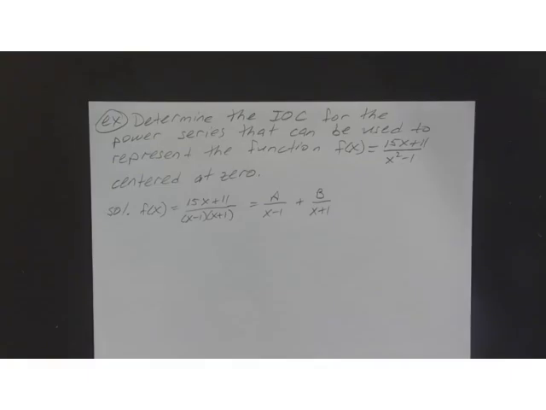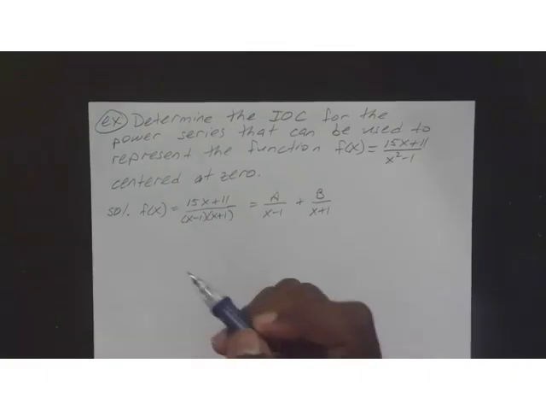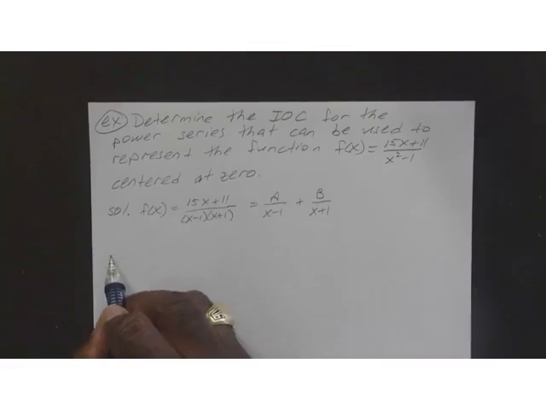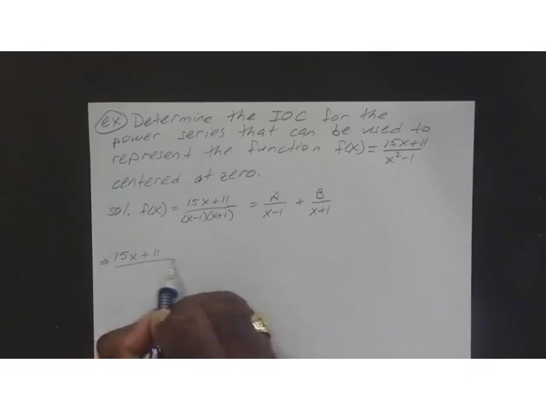So it starts off pretty much the same way, but then it takes a different turn at the end. Okay, so we know that we can take our 15x plus 11 divided by x minus 1 times x plus 1.